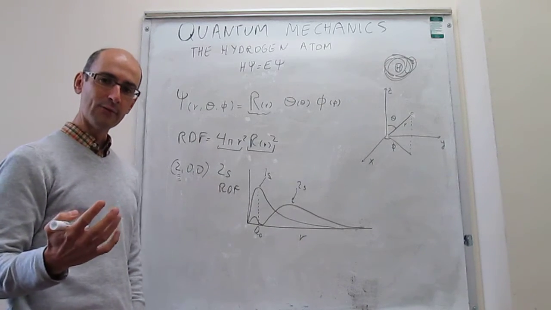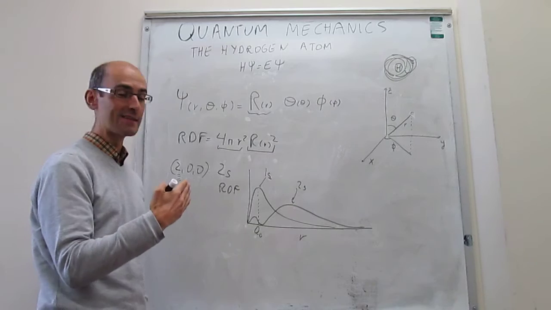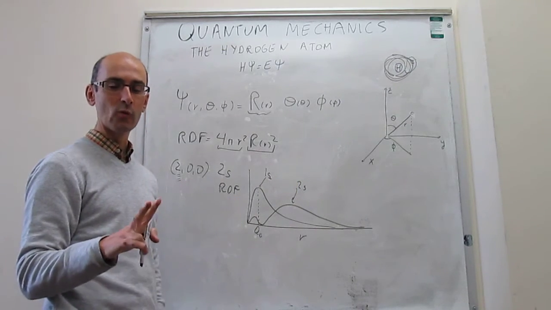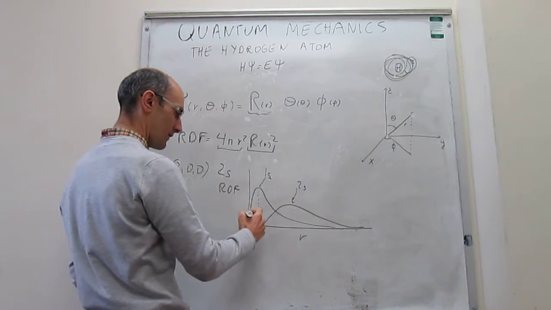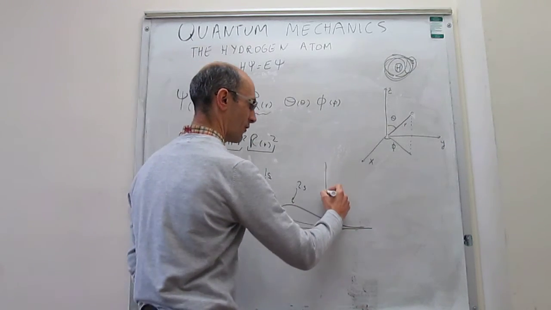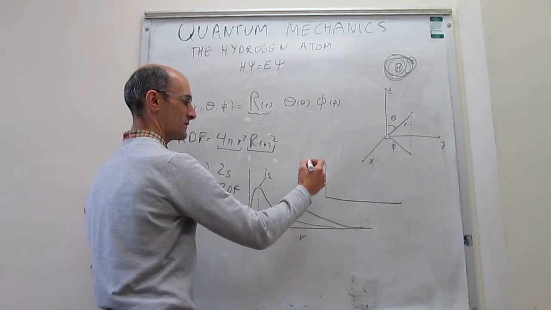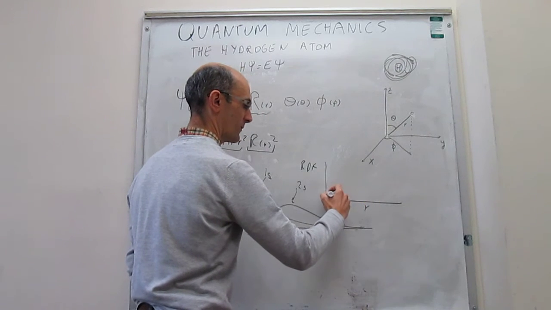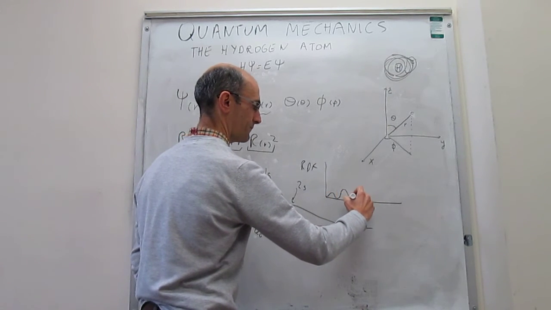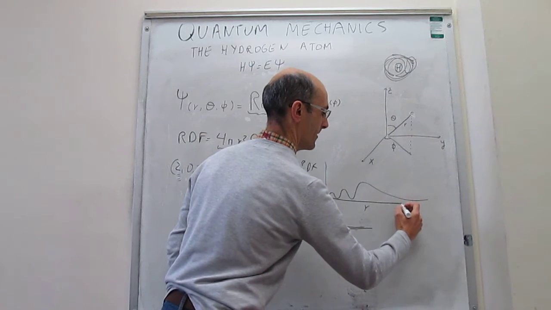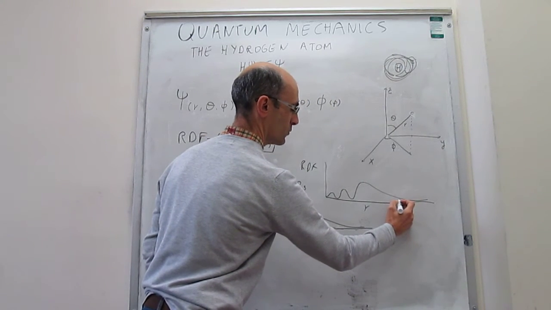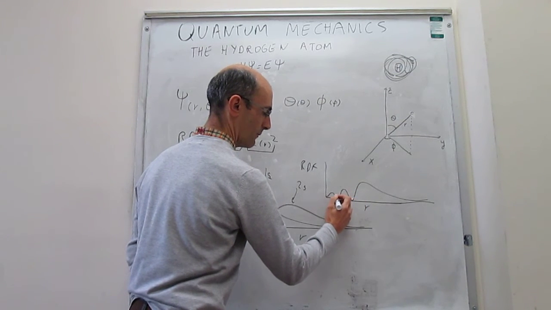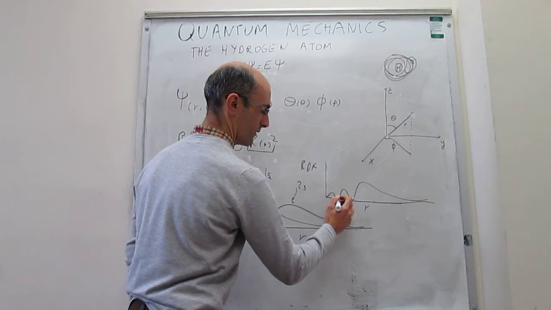Then we can see how the 3s radial distribution function would look. What we should expect to find is a radial distribution function that extends even further than the 2s, and it has one more node than the 2s, so that would be 2 total nodes. For the 3s, I'm going to draw it separately, just to not confuse things. The RDF for the 3s orbital should look something like this, where the extension is larger than the 2s and the 1s, and you would find 2 nodes, and that's where the probability is 0, because the wave function is 0.